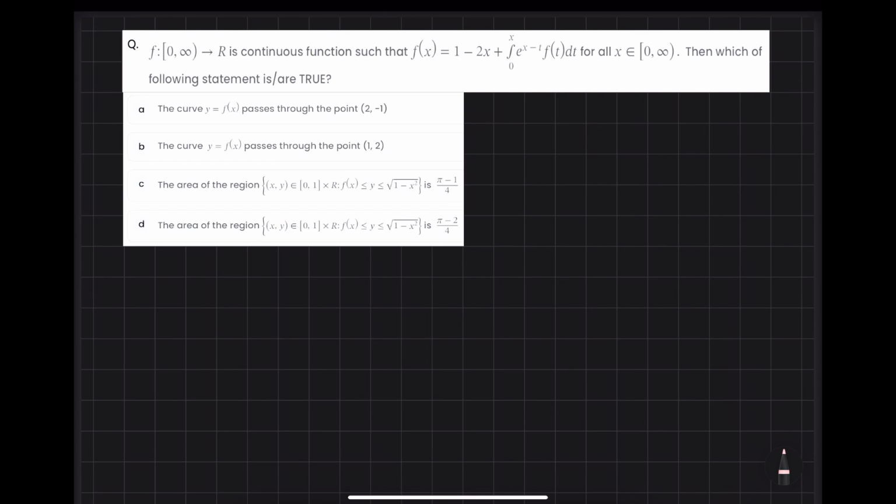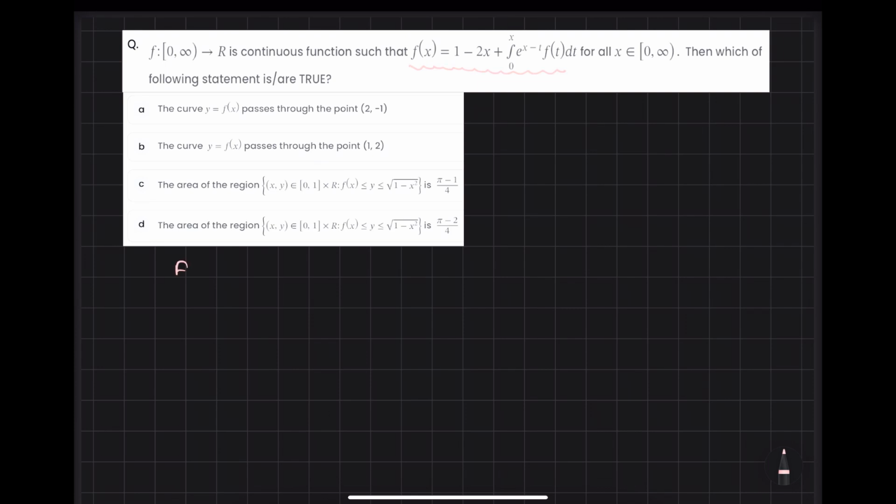So, we got a wholesome new problem which says: let f defined from 0 to infinity to R be a continuous function such that, for all x belongs to 0 to infinity, which of the following statements is true? First we have to simplify this function.